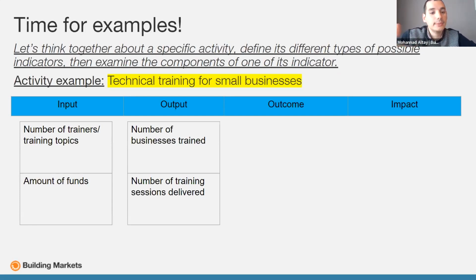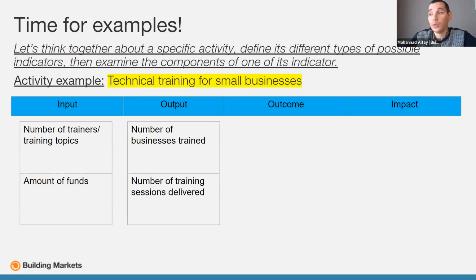An example for this is the number of businesses we trained. We used a specific amount of funds to train people, we hired a specific number of trainers, and the first thing we expect is to have people we trained. So the output we will be interested in is how many people or how many businesses we trained.